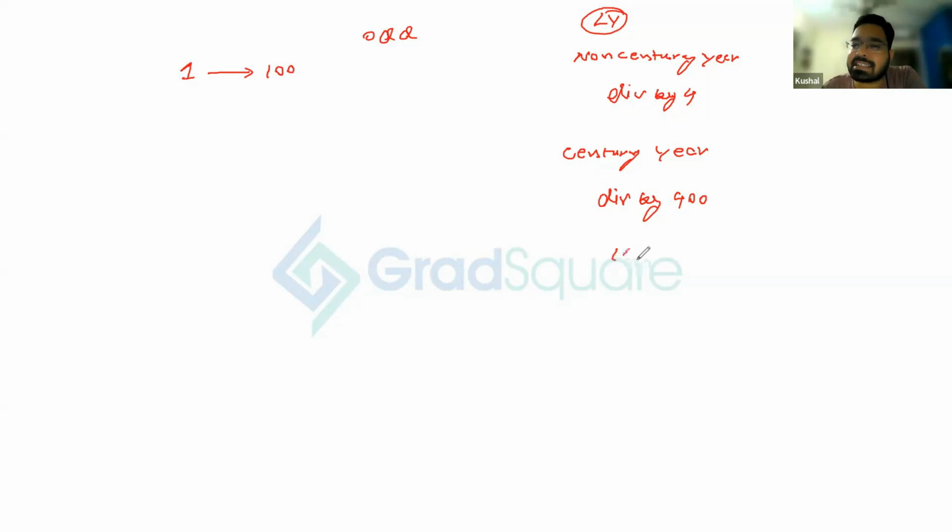But if I look at 1600, will it be a leap year or a non-leap year? 1600 will be a leap year, but 100 will not be a leap year. Clear? Now, from year number 1 to year number 100, we are trying to calculate the number of odd days. So can you tell me how many leap years were there from year number 1 to year number 100?